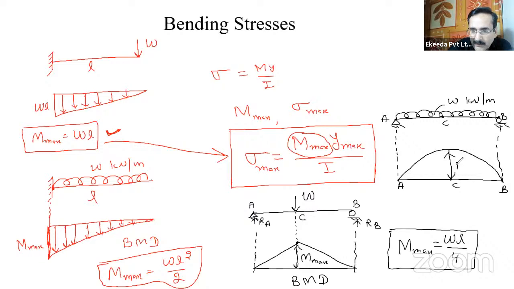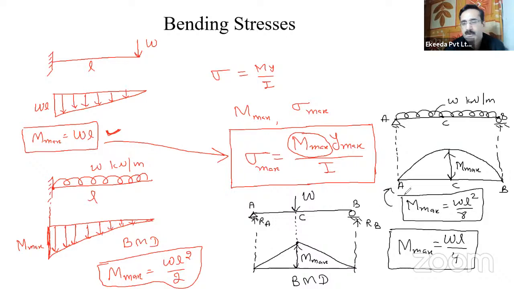So this is M max, and in this case M max is given as WL squared by 8. So these are some of the diagrams to find the maximum bending moment.